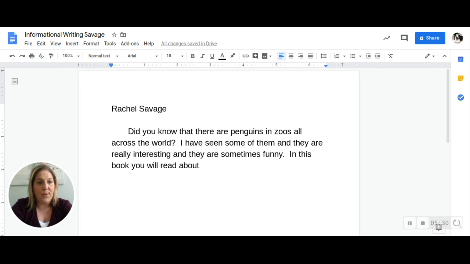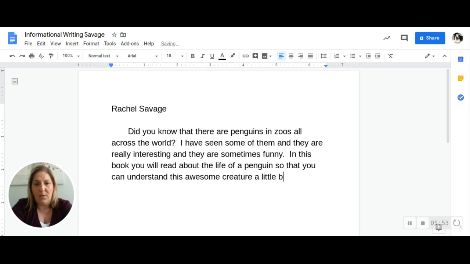In this book, you will read about the life of a penguin so that you can understand this awesome creature a little better the next time you see one. Okay, again, use what you know about your animal to create these sentences.